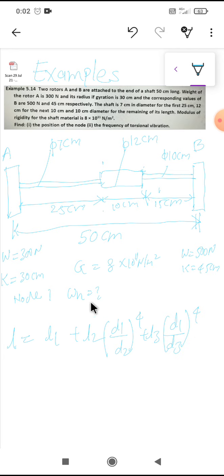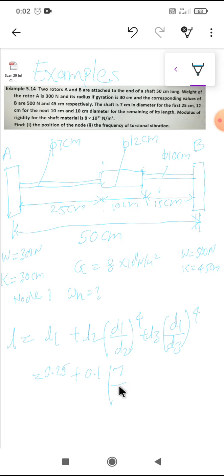There are only three lengths, 1, 2, 3, so this will work. The first length is 25 centimeter, which we convert into meter, SI unit, so 0.25 plus 0.1 into D1 upon D2, that is 7 divided by 12. We are using centimeter, but it's a ratio, so it doesn't matter.